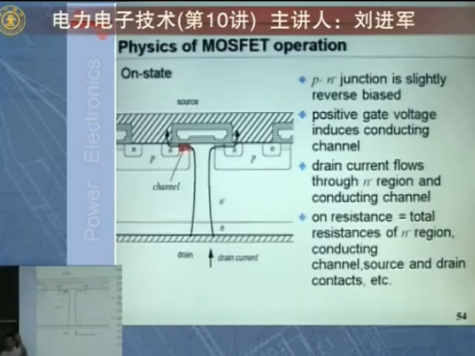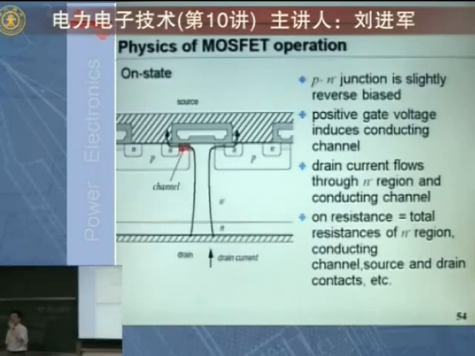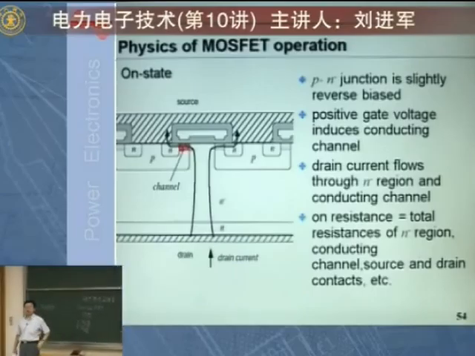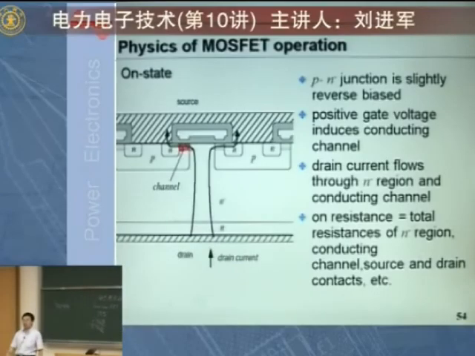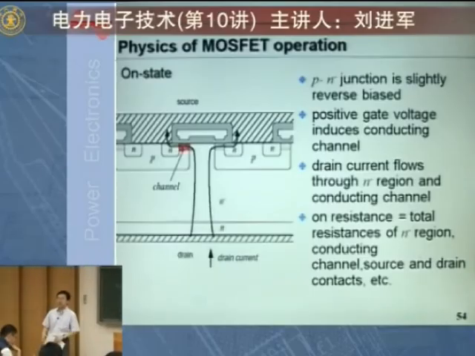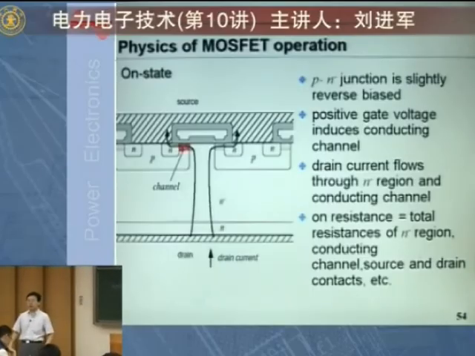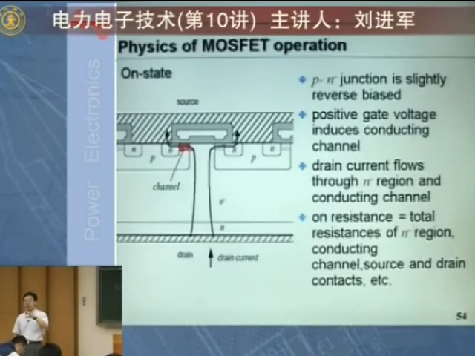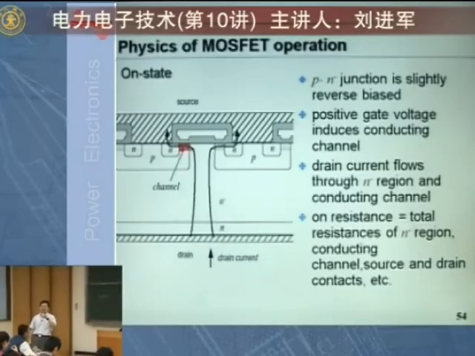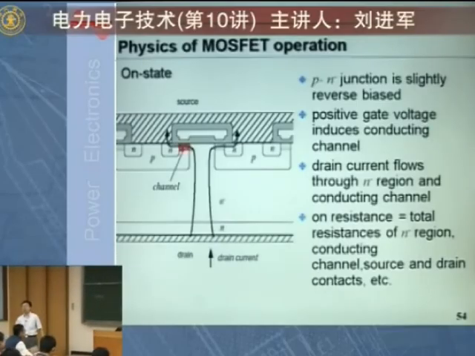So along these parts, everything is N material. And therefore, you have the current flowing, conducting paths. That is the basic operation principle of MOSFET. Because of the gate voltage applied between gate and source, you are establishing this N channel that allows current to flow through.